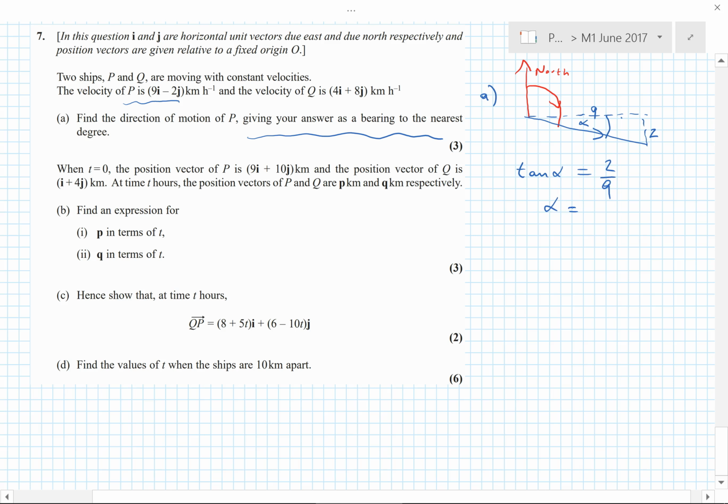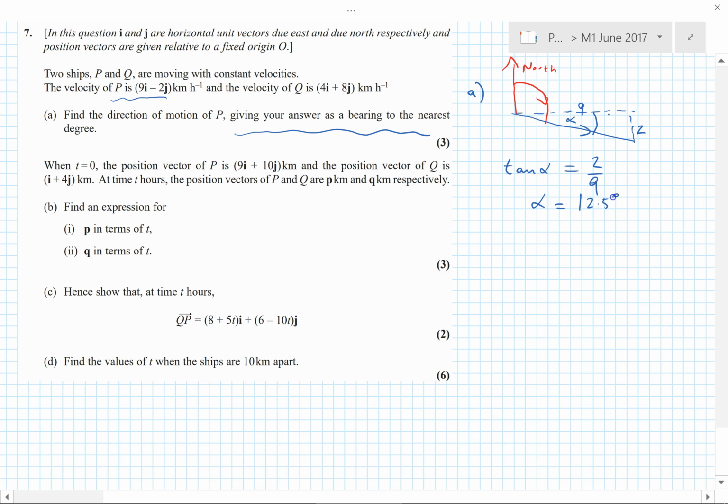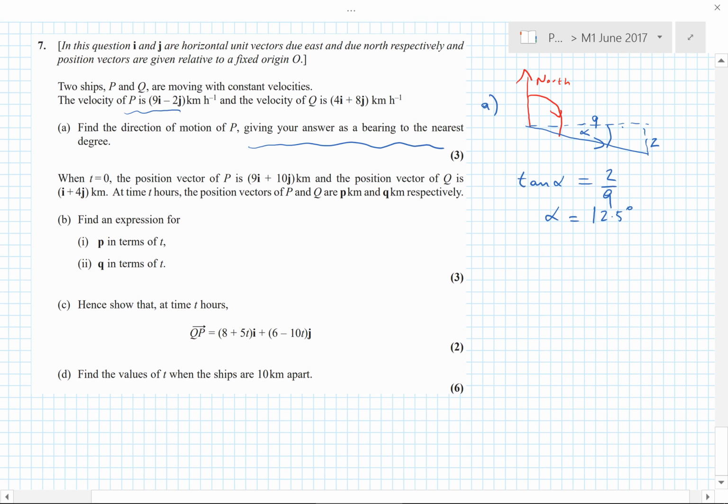If we work out the inverse tan of 2/9, that's 12.5 degrees. So the bearing, what we've been asked for, is 90 plus that. It's 102.5 degrees, and it wants it to the nearest degree, so that's 103 degrees.